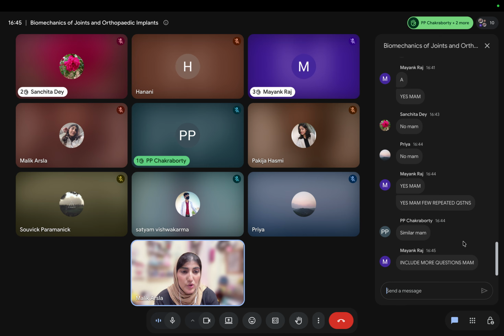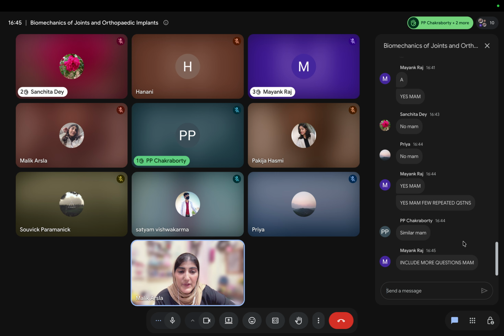Okay, you want to include more questions apart from this, right? Okay, so mostly the session consists of 15 to 20 questions, depending on what kind of questions they are. This time it was theory based questions, so the number of questions was more, and still there is some time left.